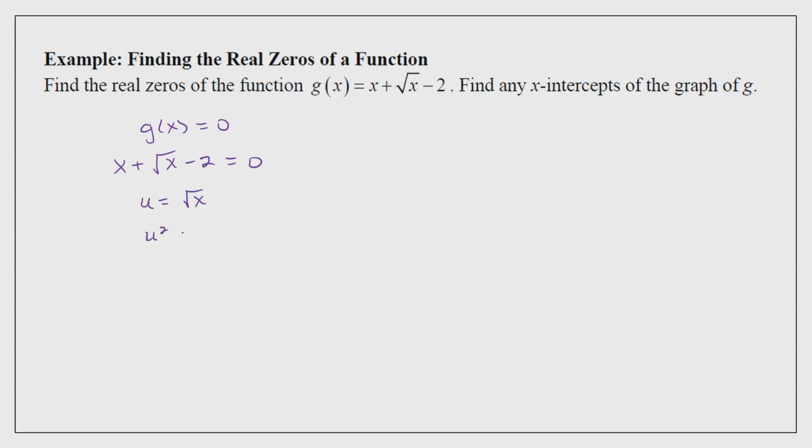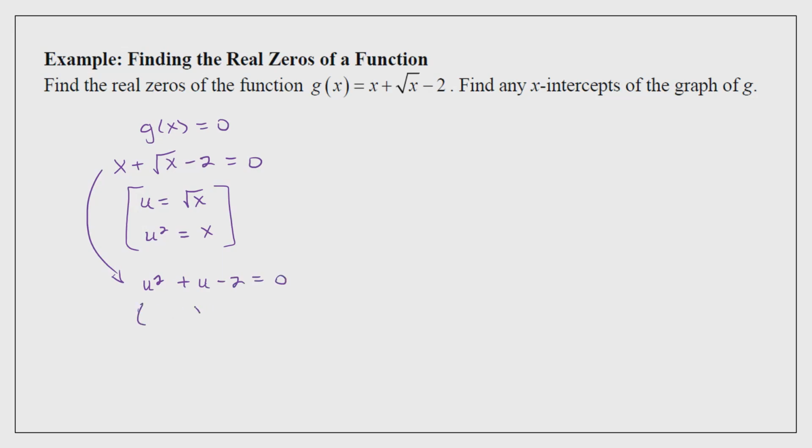So u squared is going to equal x, because if I square a square root, it cancels, just like if I square root a square. Okay? So rewriting this, I now have u squared, because x equals u squared, plus u minus 2 equals 0.